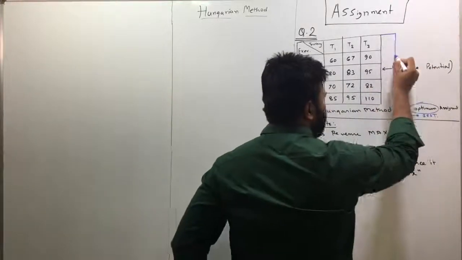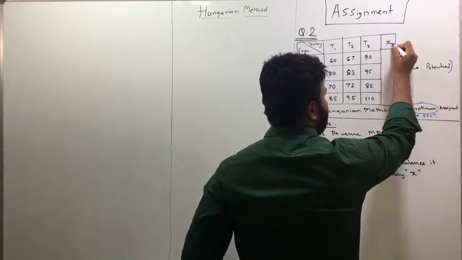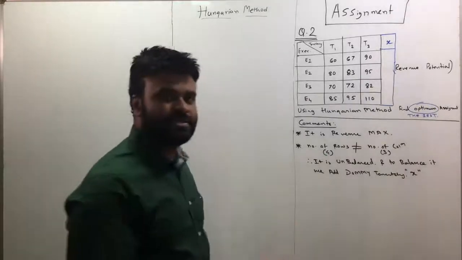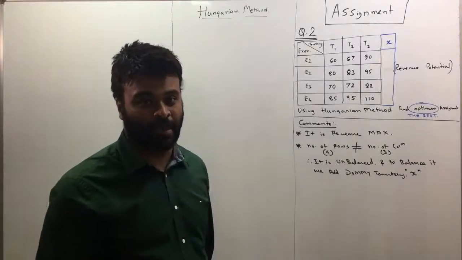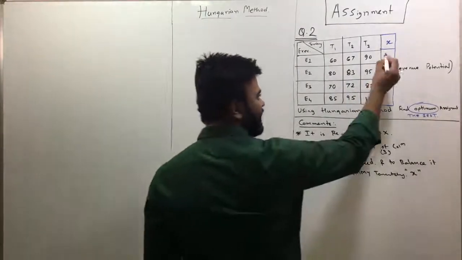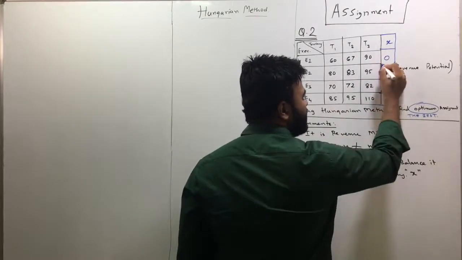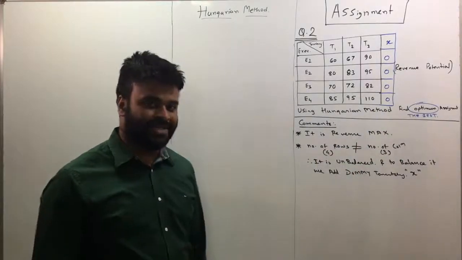I will attach a territory here, so the dummy territory has to be X. It is a territory that I'm assuming just so that I'm able to solve the problem. There is not going to be any revenue, so the revenue of the dummy territory is going to be 0. So I'm adding a dummy territory with revenue potential 0.